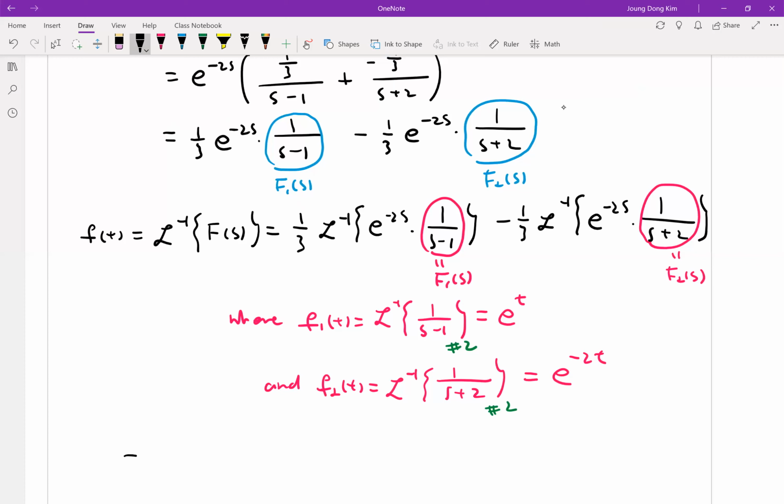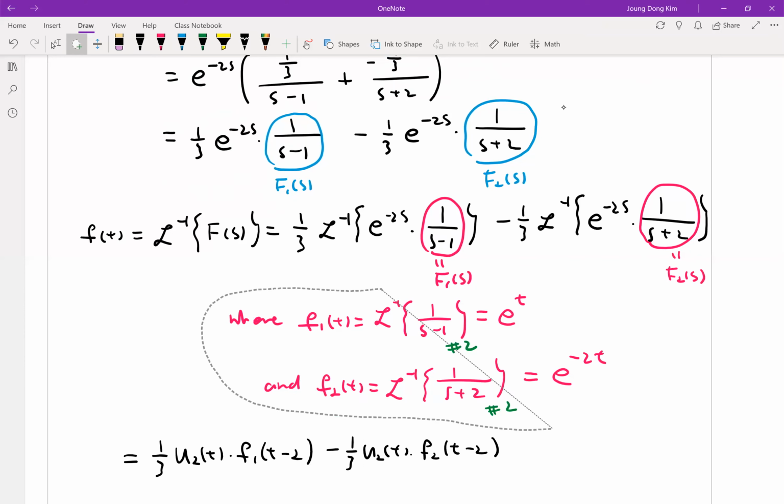It is equal to 1/3 unit step function u_2(t) times f1 of (t minus 2), minus 1/3 u_2(t) times f2 of (t minus 2). I had to write this red part below.